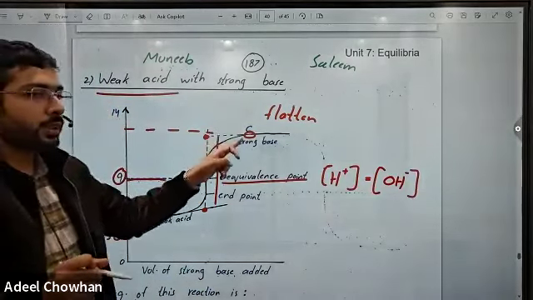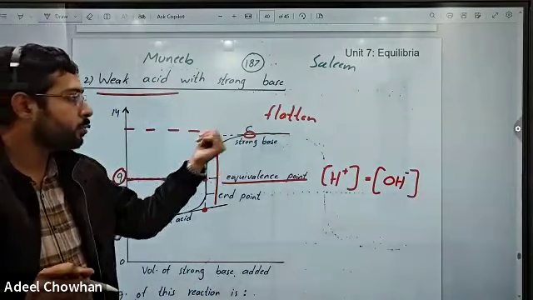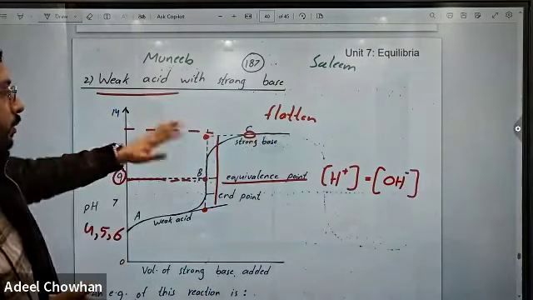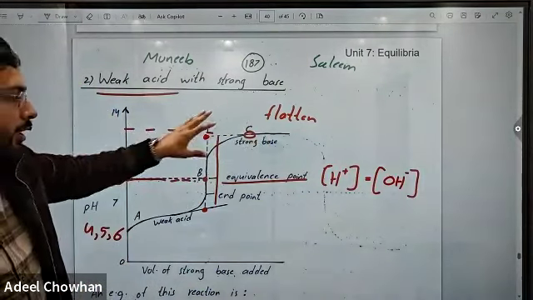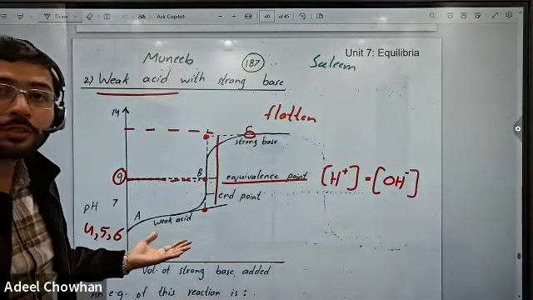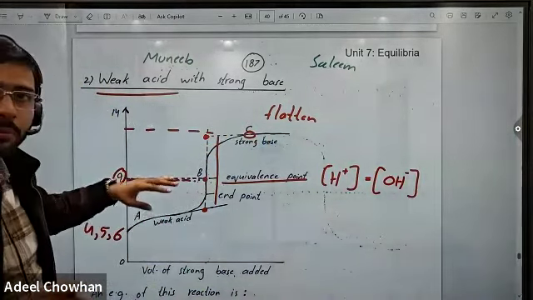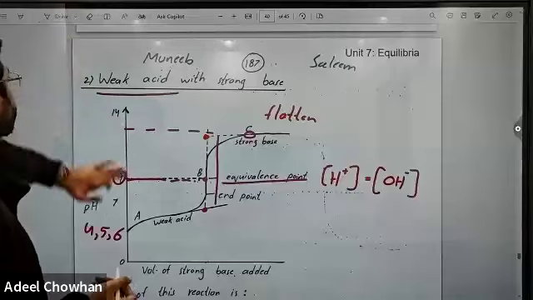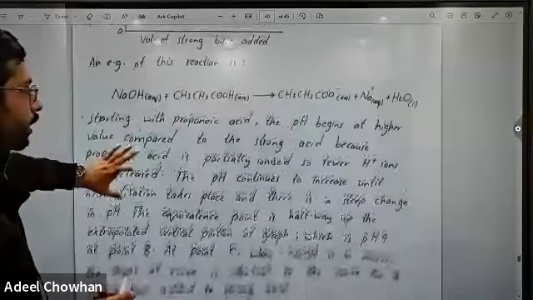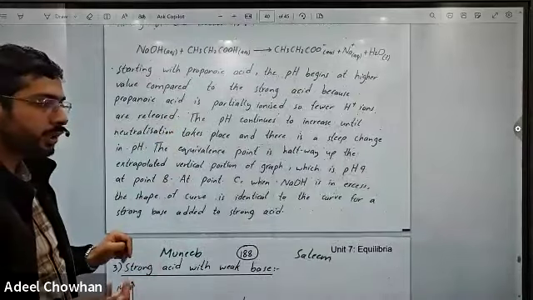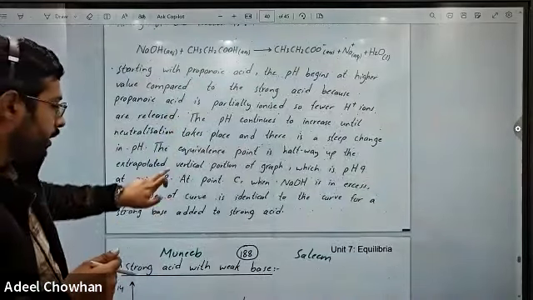In the previous case, we also had the same ending point of the pH titration curve at this value of the strong base. So the later portion is the same. However, the initial portion is different because we started the titration curve from the weak acid, not from the strong acid. So all the information of this whole story is given in this passage, which you can read later on.